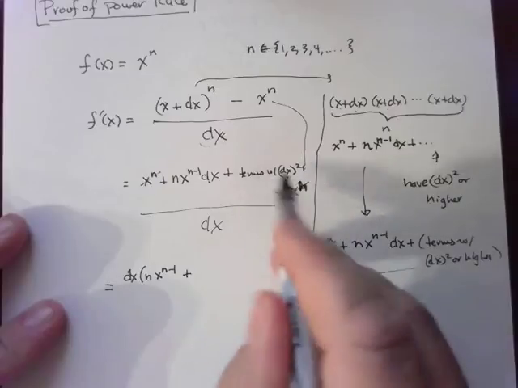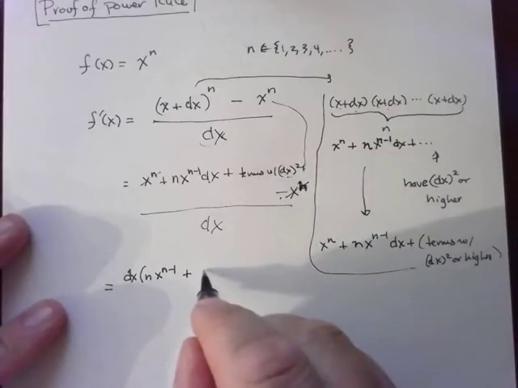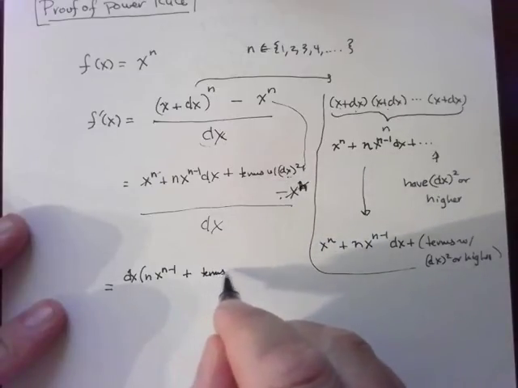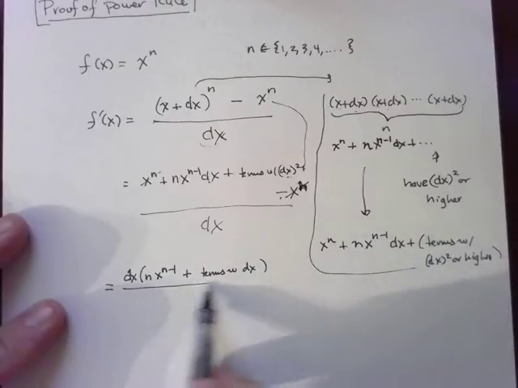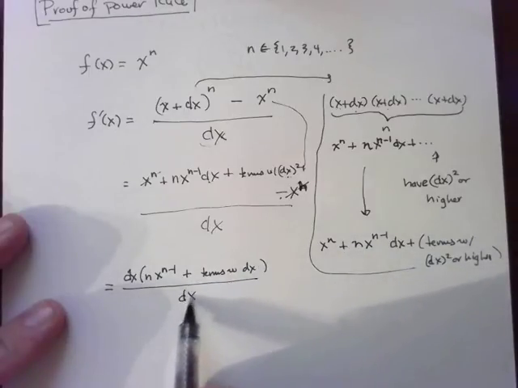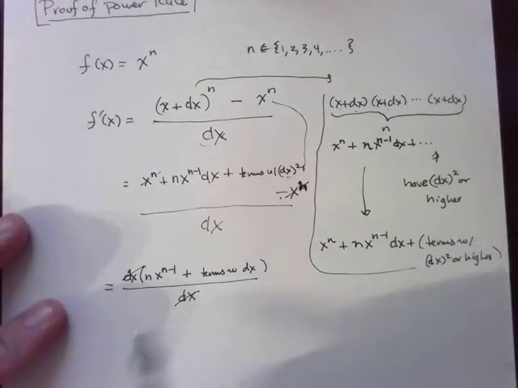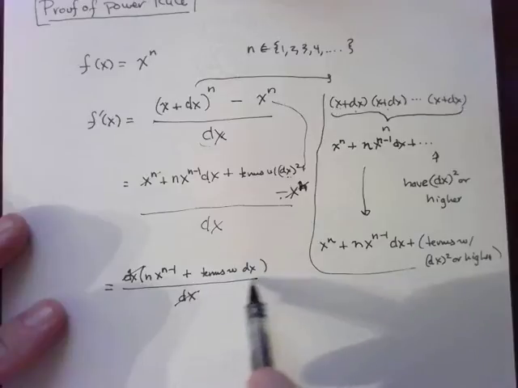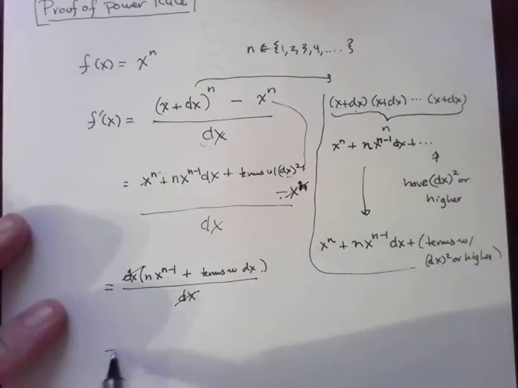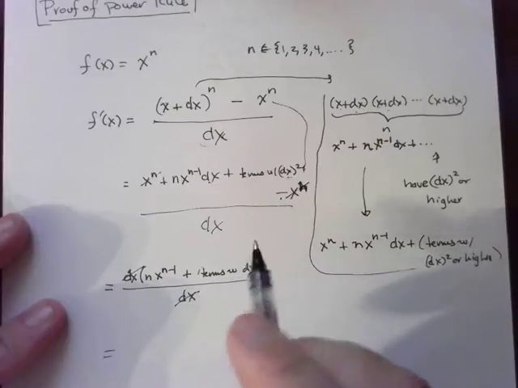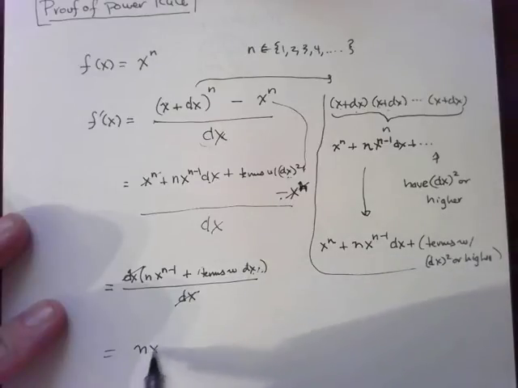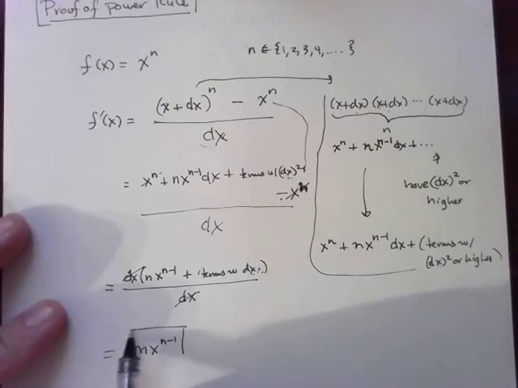When I take dx out of these, I have terms with dx or higher powers of dx. But that's all I need to know, is that they have a dx, because those divide away, and then these are all infinitesimal. And so when we make it real, these infinitesimal terms will go away, because all these terms will have dx in them. And I just get n x to the n minus 1, which is what we were looking for.